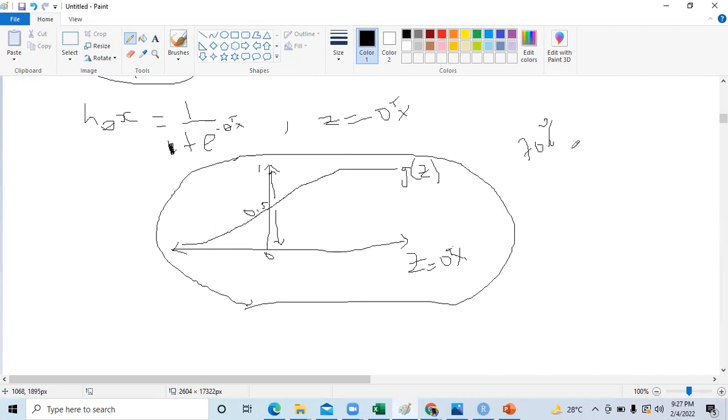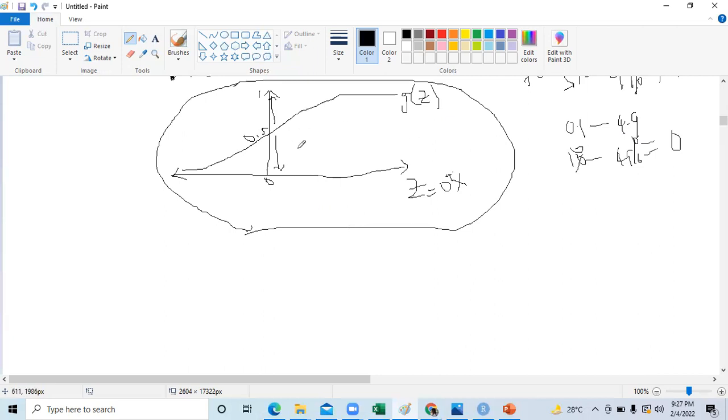Obviously, anything between 51% to 99% will be classified as 1, right? And anything between 1% to 49% will be classified as 0. That's just what this hypothesis representation is telling us.